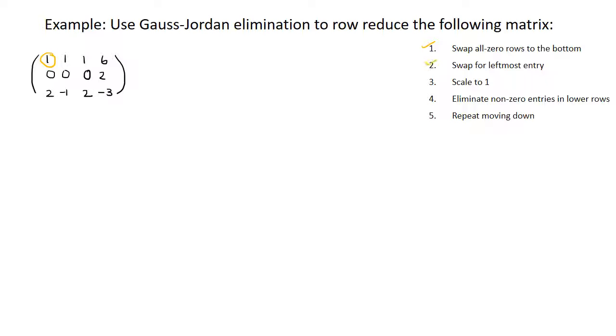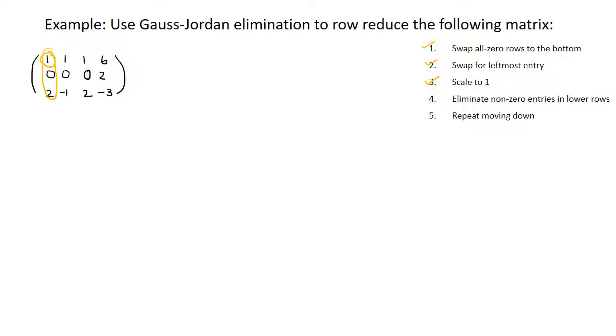So there's no swapping needed. And it's already scaled to 1. So we are ready for step 4, which is our goal is to have all zeros in this column below 1. So we want to make everything below this entry equal to 0.